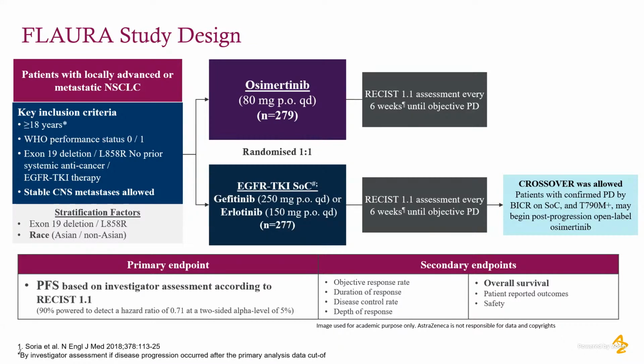Crossover was allowed, where patients with confirmed progressive disease on standard of care and T790M mutation were allowed to cross over to the other side. The primary endpoint was progression-free survival based on investigator assessment according to RECIST 1.1. Secondary endpoints were objective response rate, duration of response, disease control rate, depth of response, and overall survival.